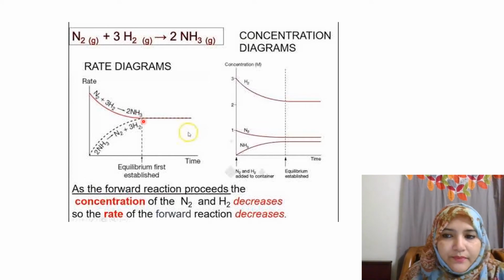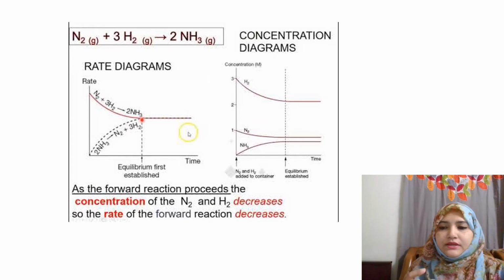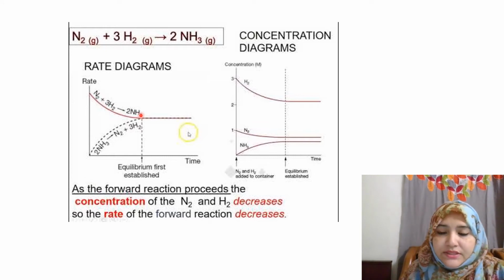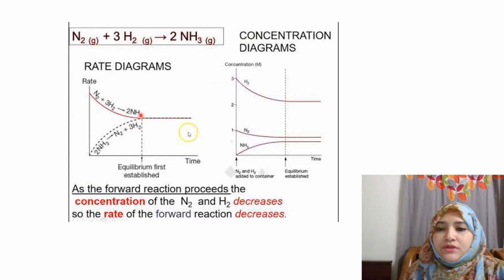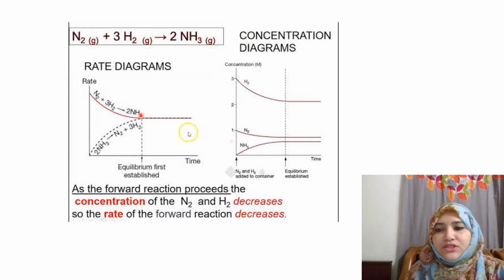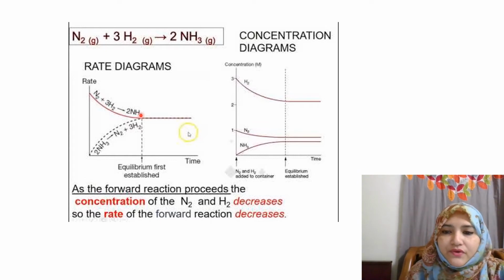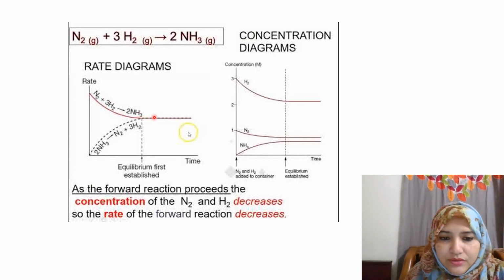We know that for a chemical reaction, the collision of reactant molecules is very important. When the concentration of the reactant molecules drops, they are less likely to collide and keep reacting, and so the rate of the forward reaction slows down.